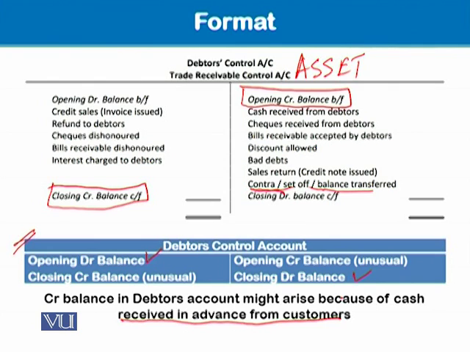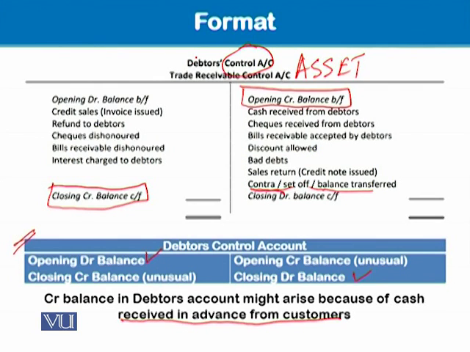Since this control account is representing so many debtors, there is a possibility that one or two or few debtors have paid us in advance, or in a way we have received advance from those debtors. Look, those debtors would remain our customers.